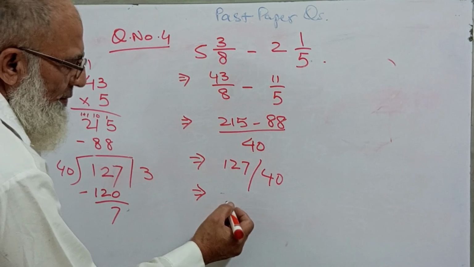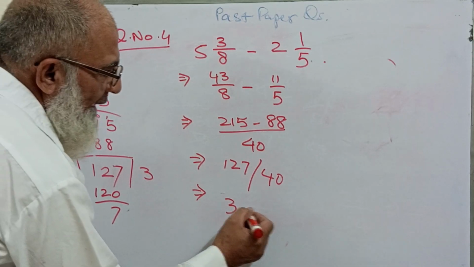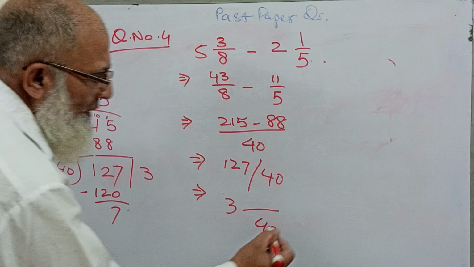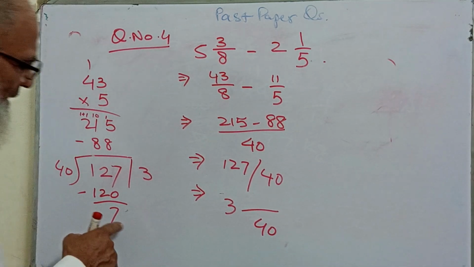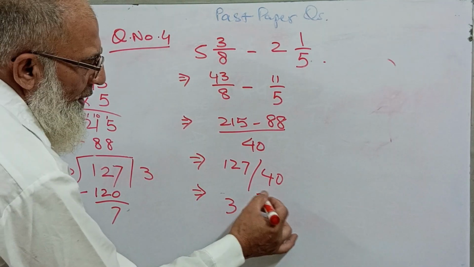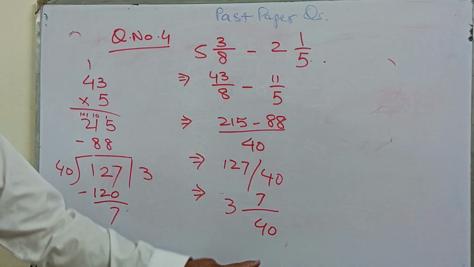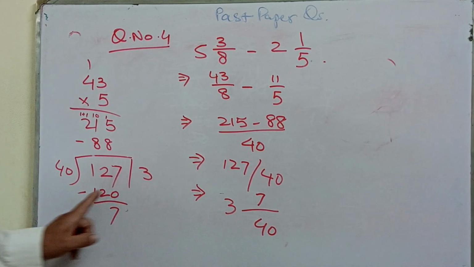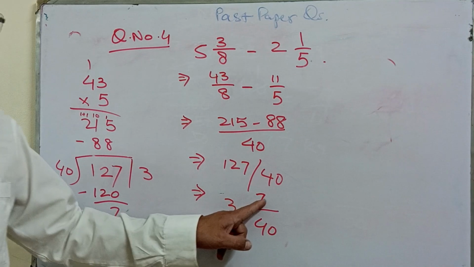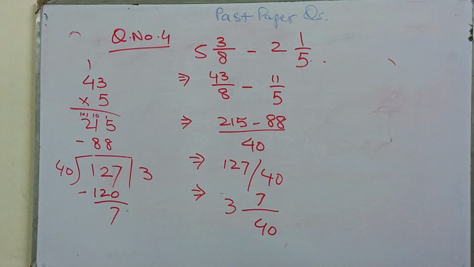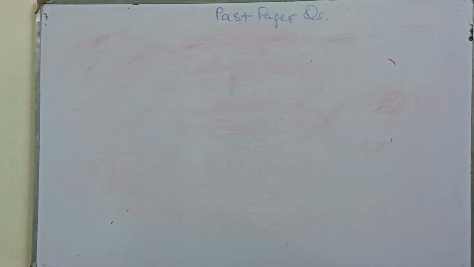The quotient is 3, the divisor 40 goes straight over here, and the remainder over here. You can also check it: 40 times 3 is 120, and just add 7. You will get 127 divided by 40. So it is QED, and it has been completed.